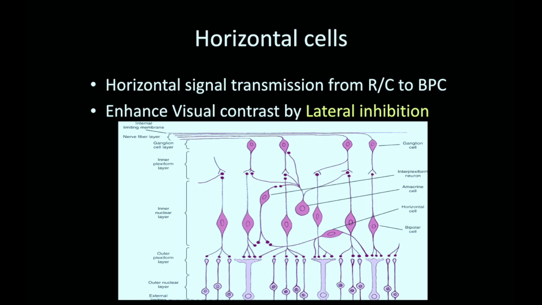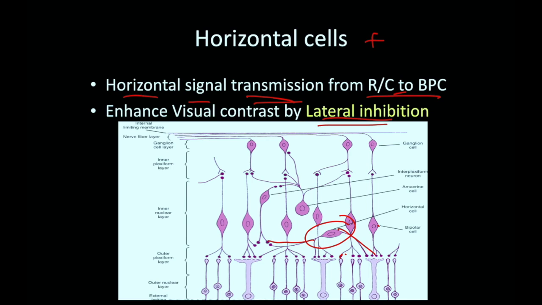Horizontal cells. Horizontal signal transmission from the rods and cones to the bipolar cells. So here you have the rods and cones to the bipolar cells. The horizontal cell is going to have a connection between them. So they will enhance the visual contrast by lateral inhibition, which means they filter out the unnecessary noise and give the important visual contrast.